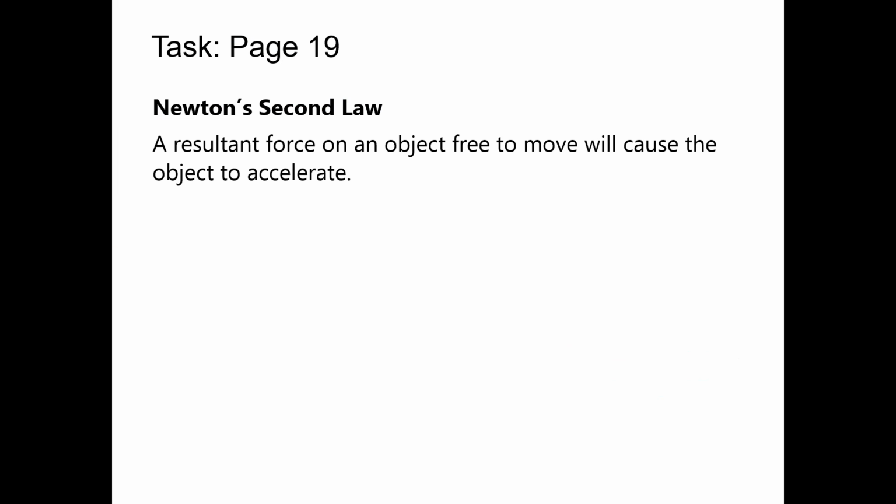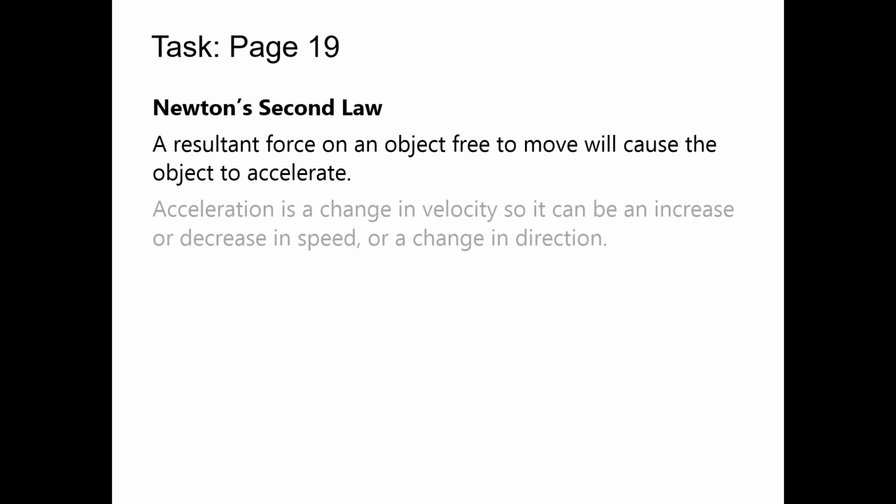Newton's second law, if we turn to page 19: the resultant force on an object which is free to move, i.e. a skydiver moving through the air, will cause the object to accelerate.